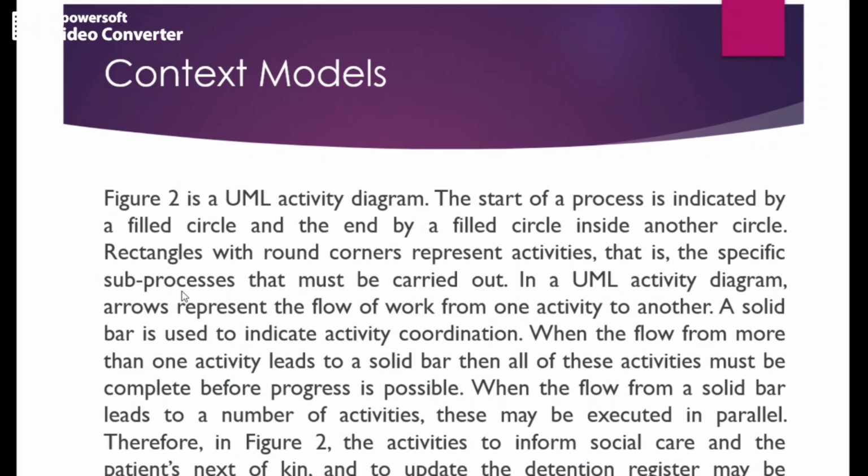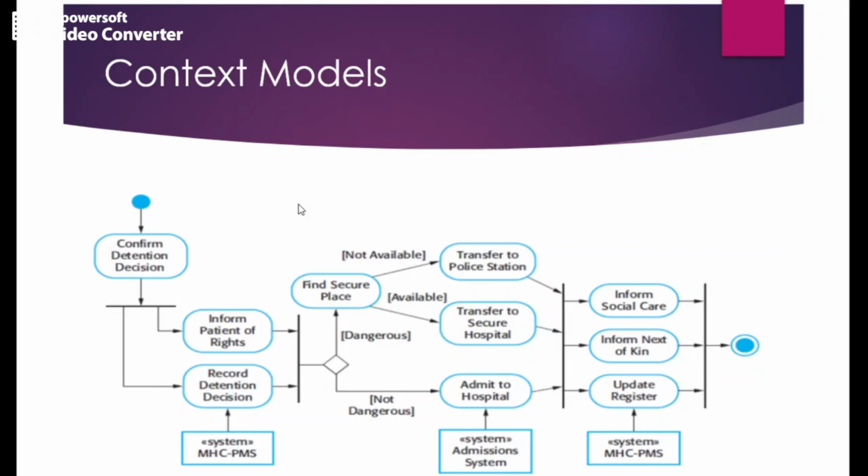So the start of a process is indicated by a filled circle and the end by a filled circle inside another circle. You can see here in your figure the initial state. How do you begin? With the filled circle, and the final state is a filled circle inside another circle. Okay.